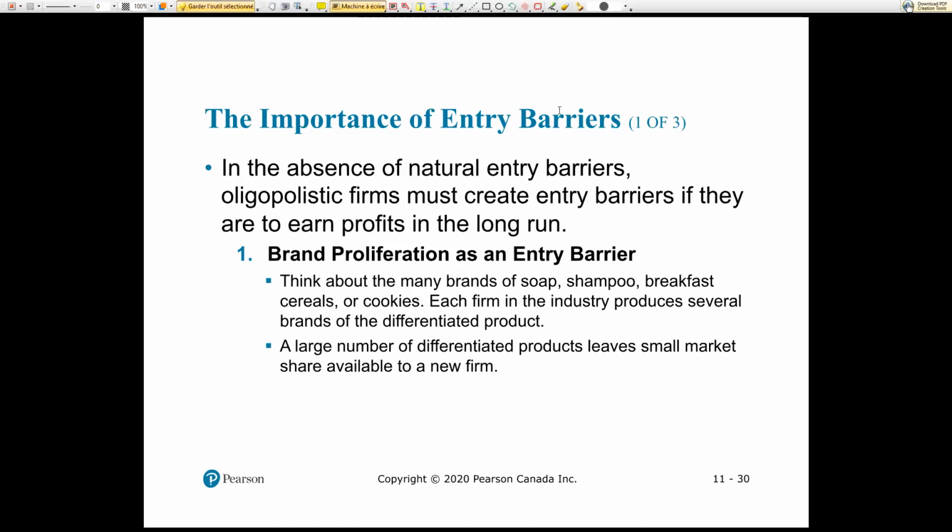Another way to prevent other people from fighting you is to create entry barriers. So here we're shifting gears. We're looking at some other way in which you can prevent your competitor from competing against you.